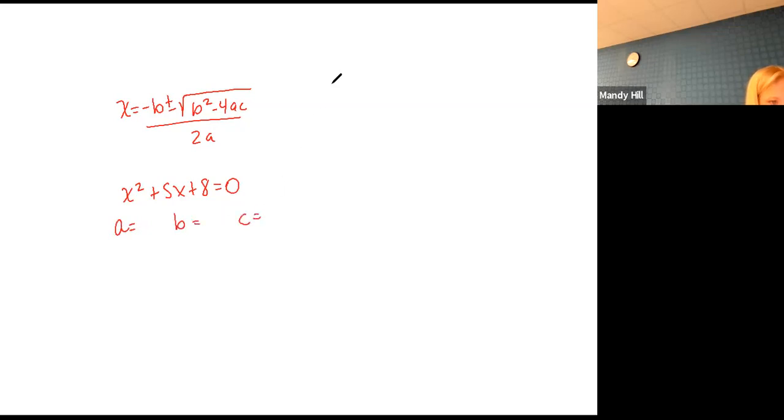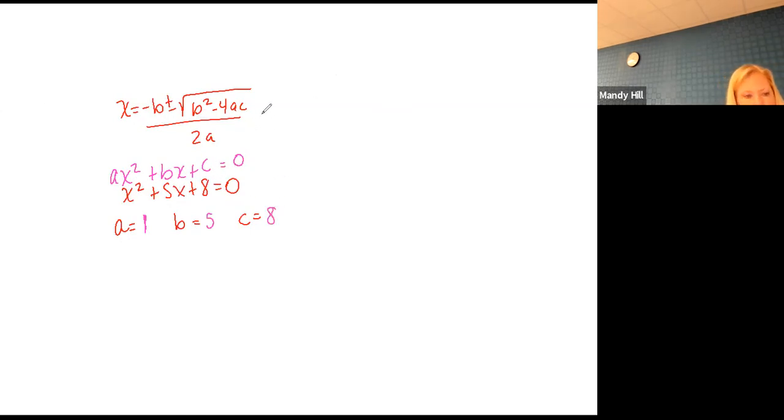Remember that a is always going to be whatever comes in front of your x squared. B comes in front of x, and c is your constant number out here. So we don't have a number in front of x squared. So how many x squareds do we have? Well, we know that's 1 if there's no number there. B times x, so 5 would be b, and c is 8 here.